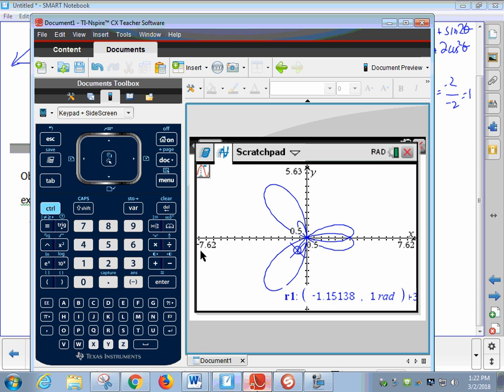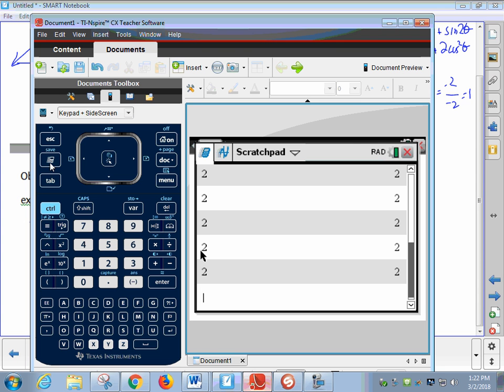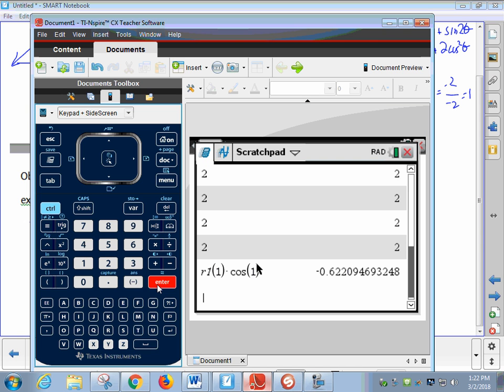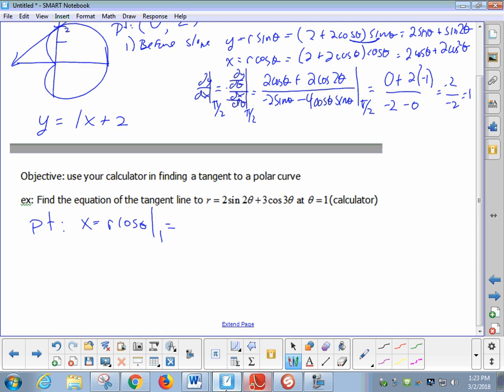That then by calculator is going to be r, which is in your calculator stored, at 1 times cosine of 1, and x is negative 0.622. Do you agree? Okay. Negative 0.622. y is r sine theta, so do that at 1.